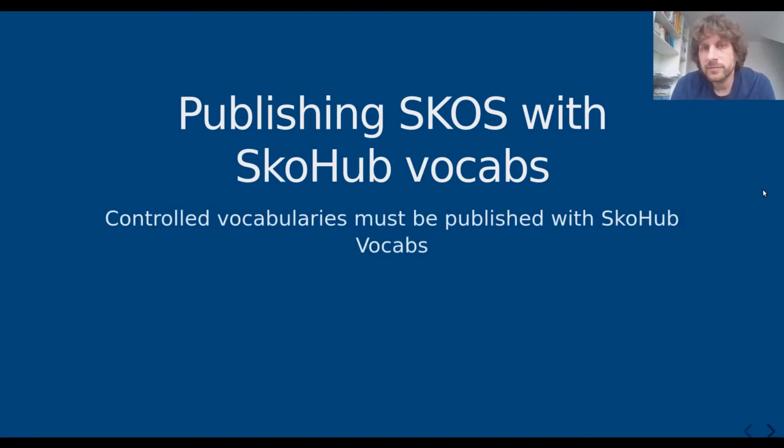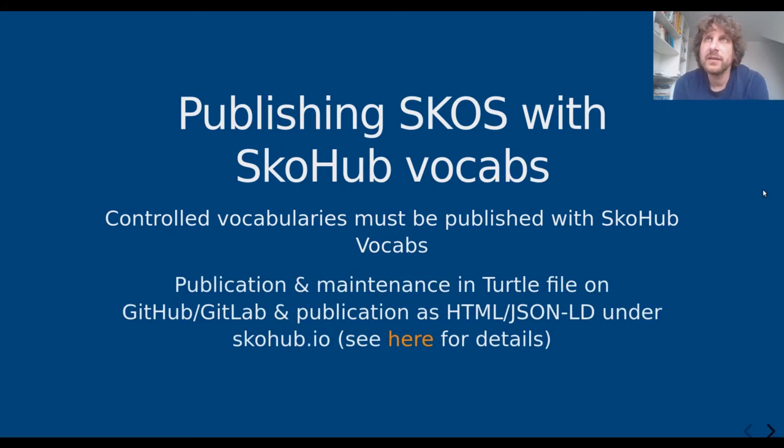These controlled vocabularies must be published with SCOHub vocabs, which is one SCOHub module, and this works like this. You publish a turtle RDF file on GitHub or GitLab. Both are supported, and maintain them there, you can edit there.